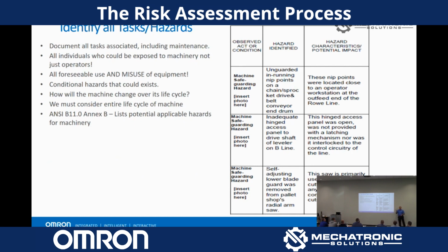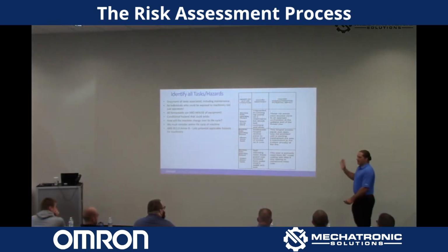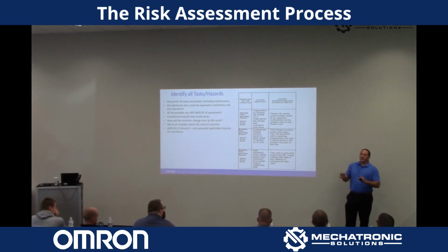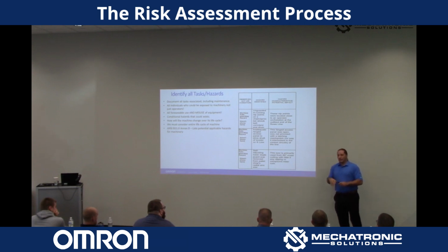This one is always contentious, right? It's like, well, the guy jumped 10 feet to, you know what I mean? Why would he do that? If you have a foreseeable misuse, account for it, but don't go too far down the rabbit hole, right?